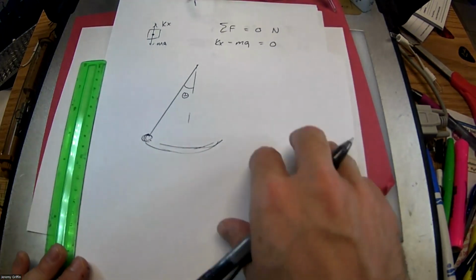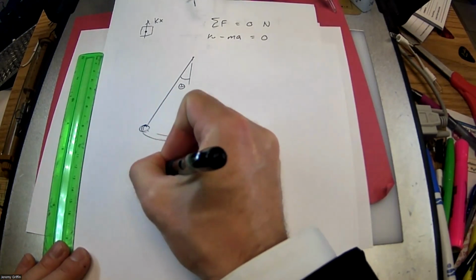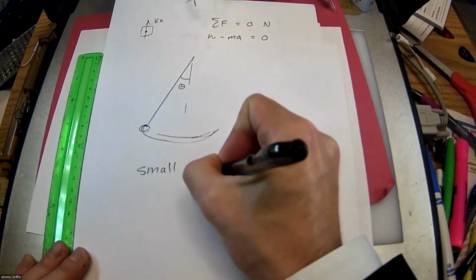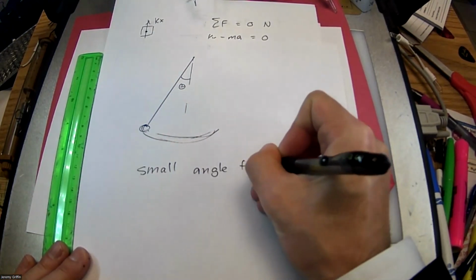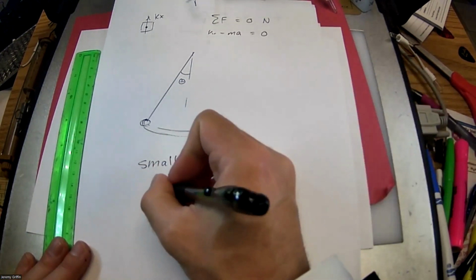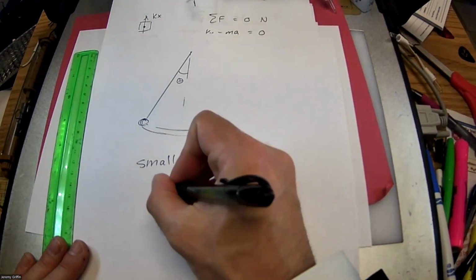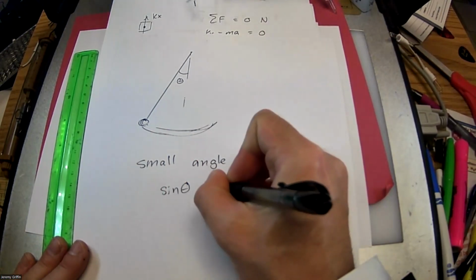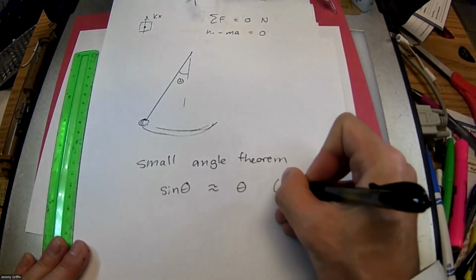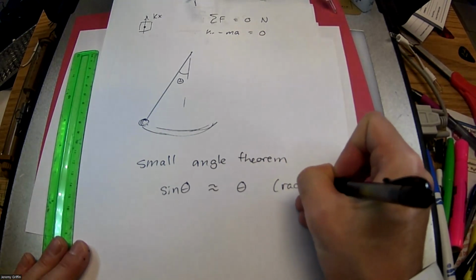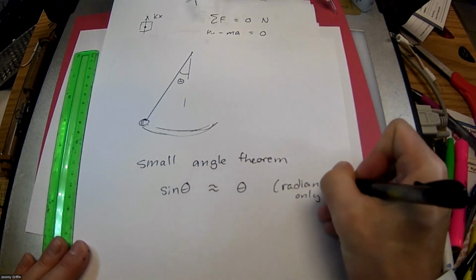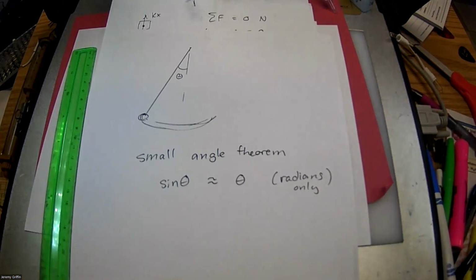Right. And there's something called the small angle theorem. Or at least that's what I remember it being called, right? Which is that for small angles specifically, let's say under 5 degrees or so, sine theta is approximately equal to theta, and this is radians only, right? As long as you're working in radians, right?